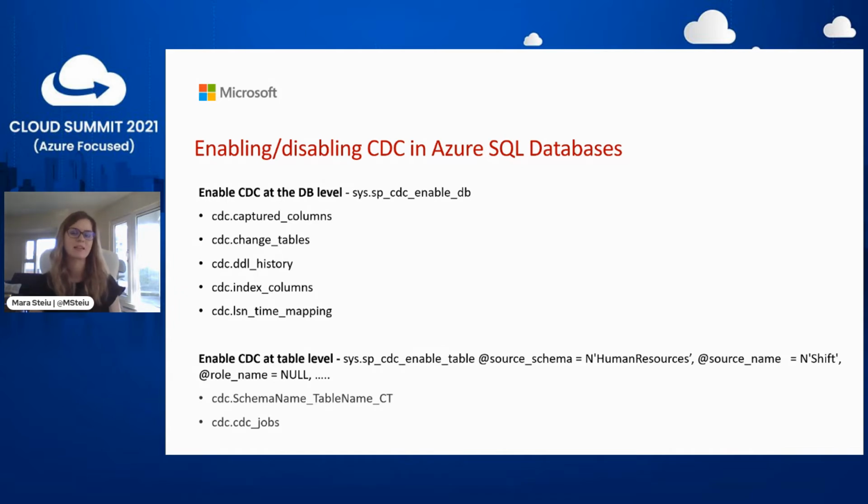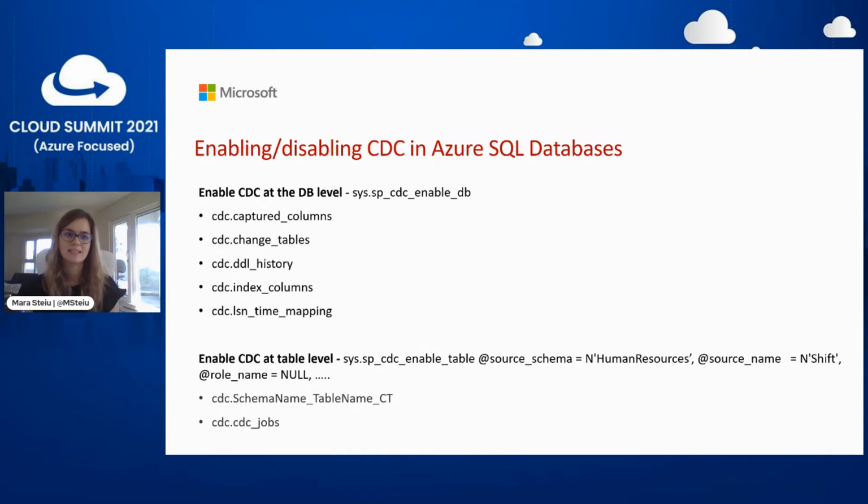So it's very important to make sure before you start using CDC that you have enough space, given all these additional artifacts that CDC creates on your database. And also something to note for Azure SQL databases is that CDC won't work if your databases are in the S3 tier, which is like Standard 3, or below. So for instance, it won't work if you have a Basic tier database.